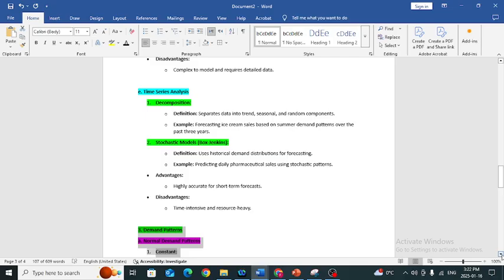And a stochastic model or Box-Jenkins is very hard to pronounce, especially for me.